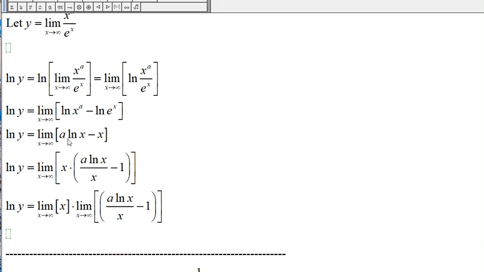This is the same as a times the natural log of x, and then the natural log of e to the x is x times ln of e. And recall that ln of e is 1.